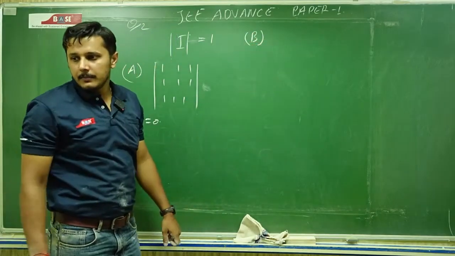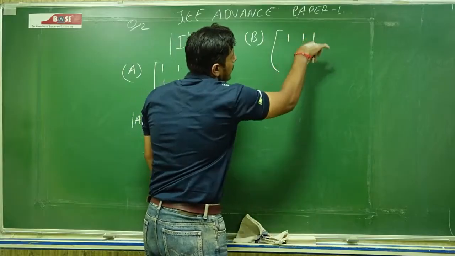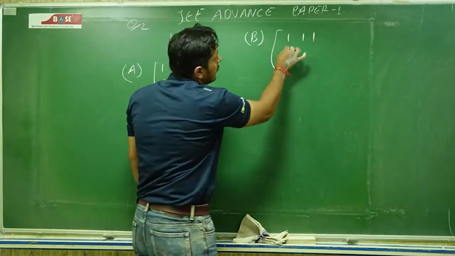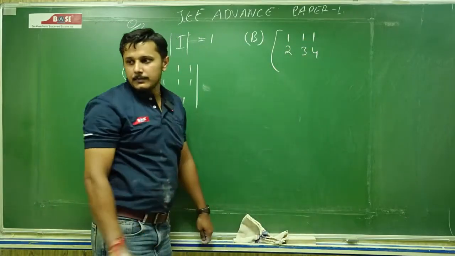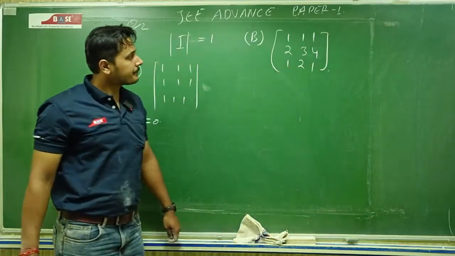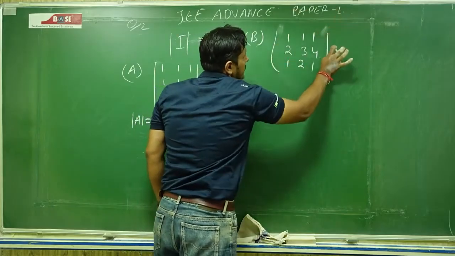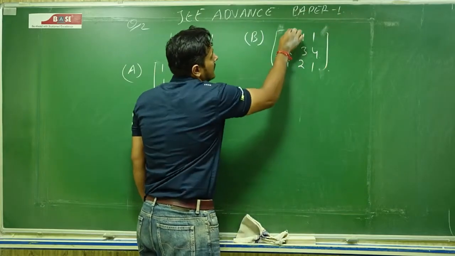Now see what is matrix B. That is 1 1 1, 2 3 4, 2 3 4, 1 2 1, 1 2 1. So it is easy to find that value, so let me remove this to find the determinant. Yeah, let it be like this.